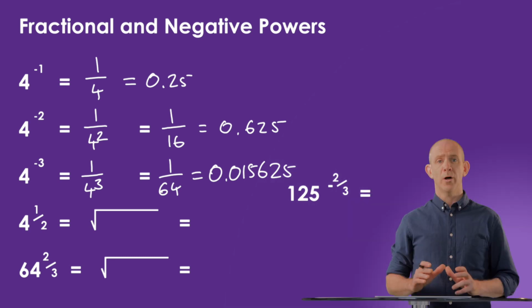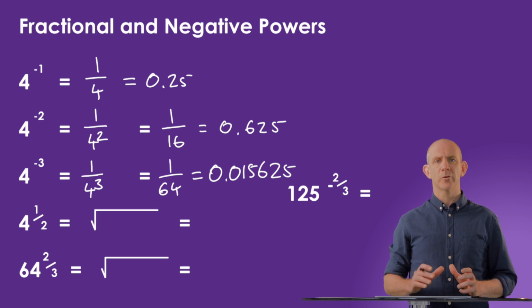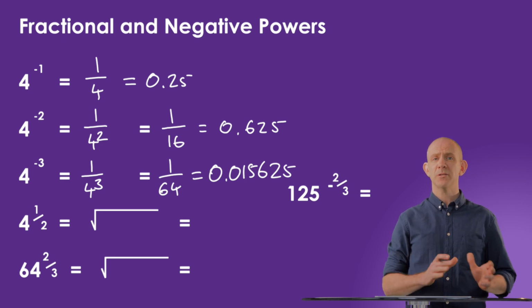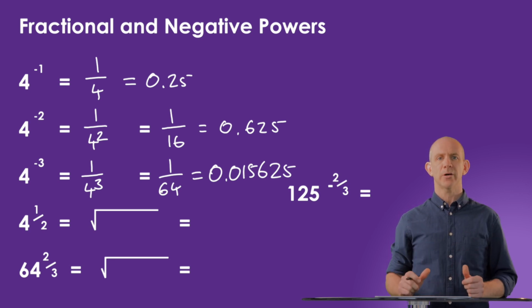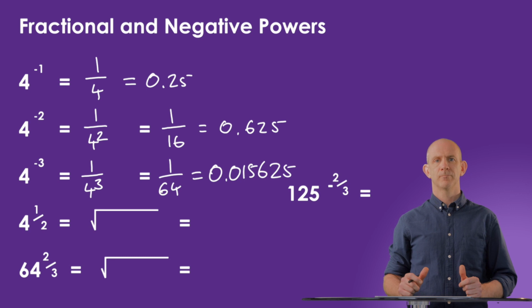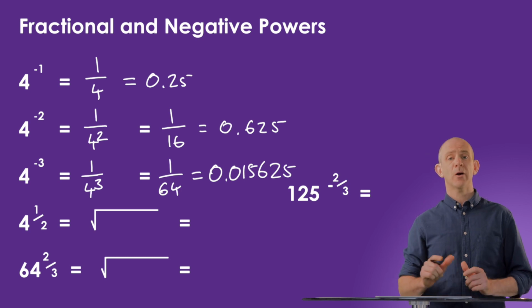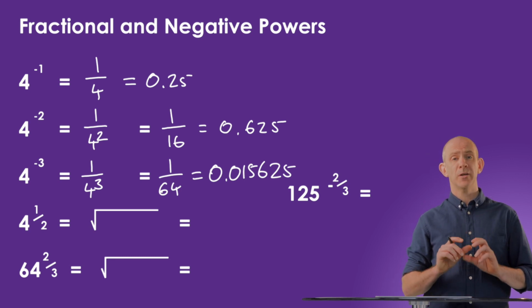Here we've got 4 to the power of a half. Whenever there's a fractional power, we're going to make use of the root symbol. Many mistake this as a square root symbol, which we assume it is unless we see another small number outside of the root symbol. Fractional indices are the way of writing roots as powers. So 4 to the power of a half, the denominator of the fraction is the actual root we're trying to find.